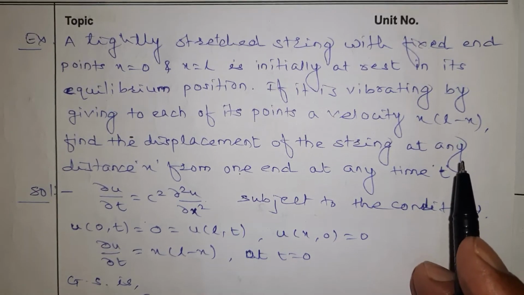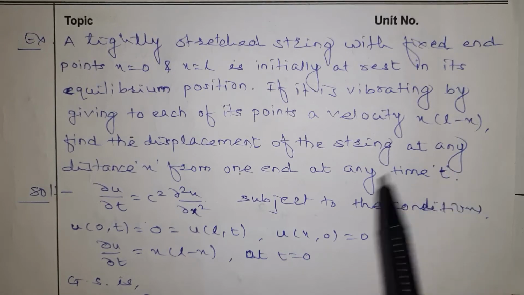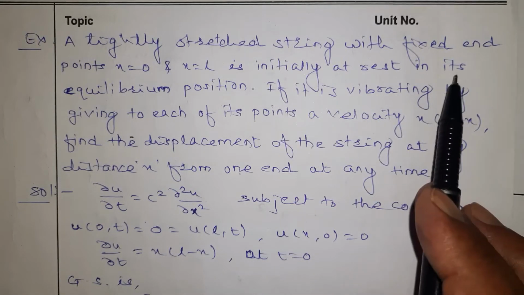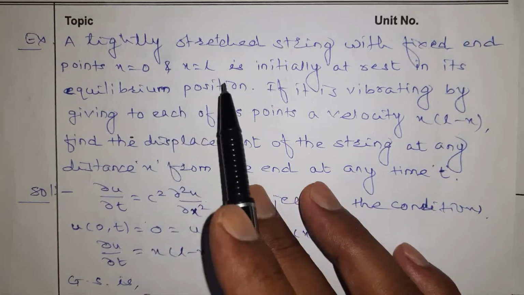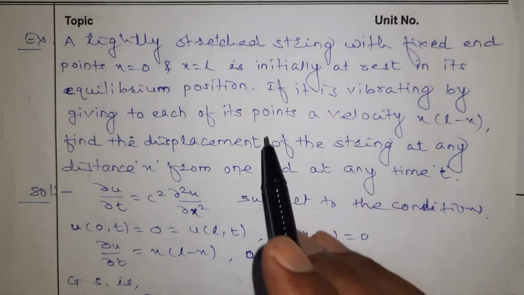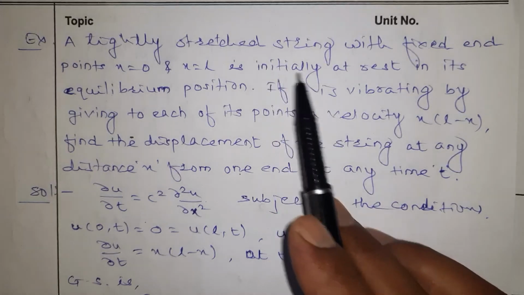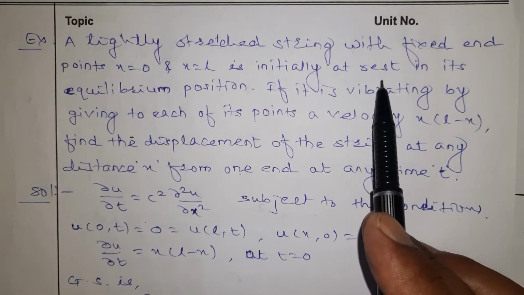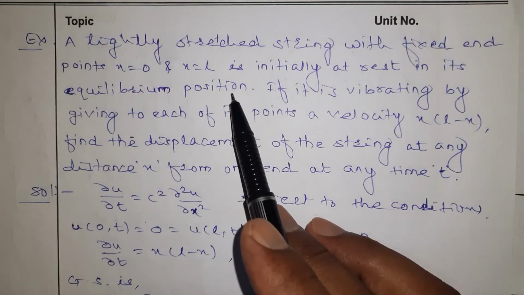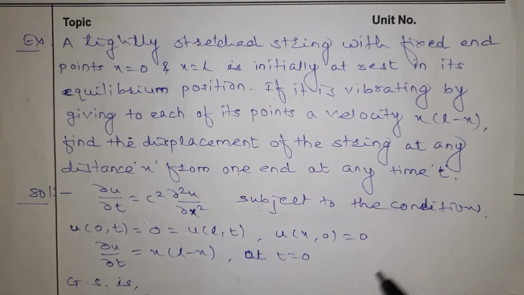First, try to understand the problem. A tightly stretched string with fixed endpoints x equal to 0 and x equal to L. So, the string is fixed between 0 and L, and is initially at rest in its equilibrium position.